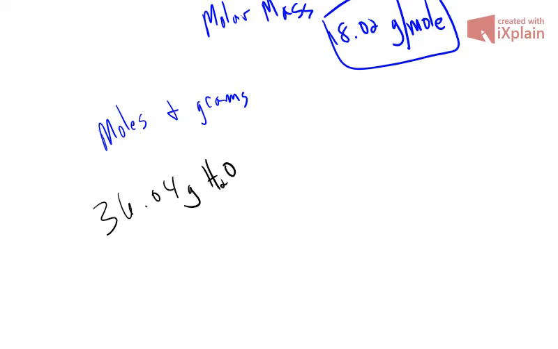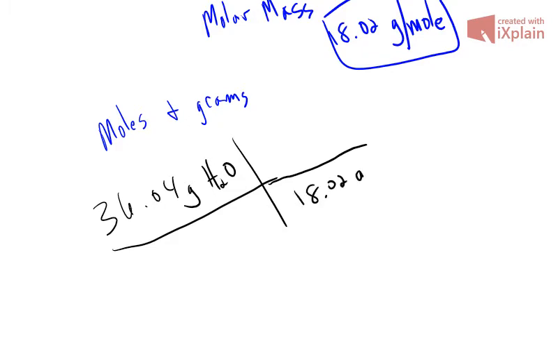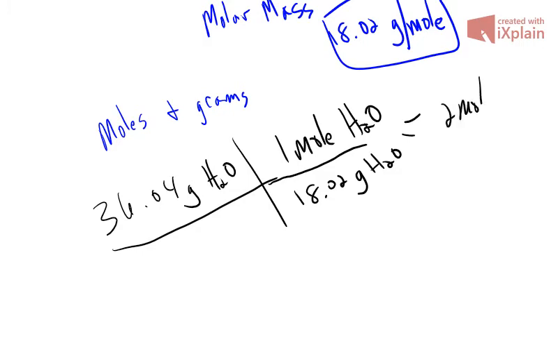Then I know that for every 18.02 grams of H2O, I have 1 mole of H2O. So, by the ratio properties here, I could say that I have exactly 2 moles of H2O.